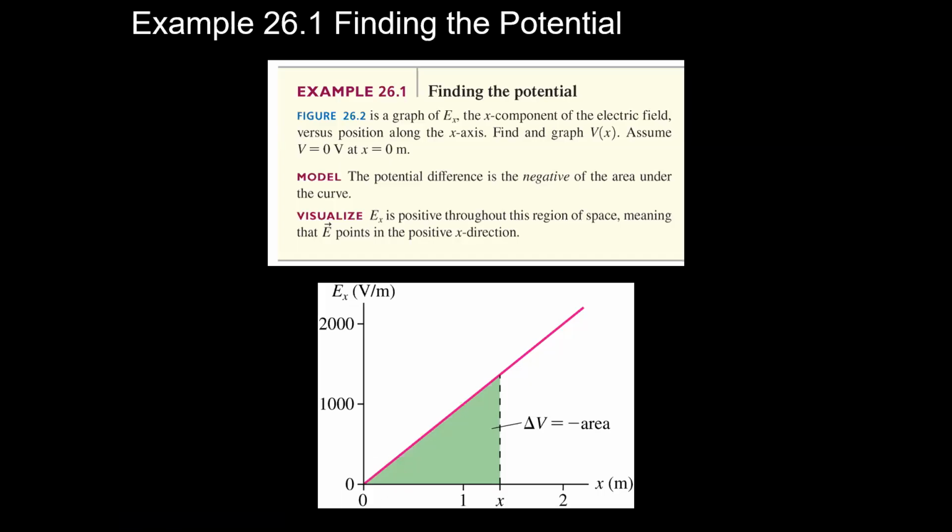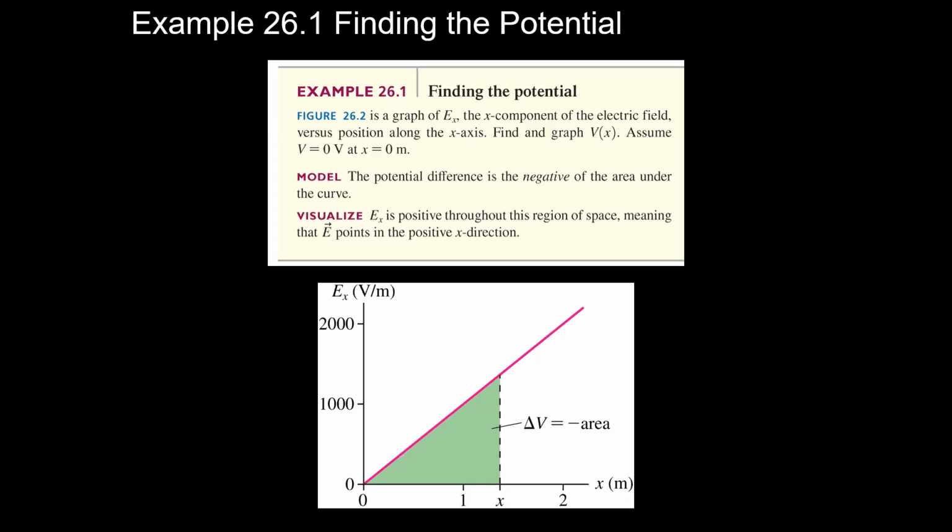The electric field is defined on some coordinate system between 0 and 2 meters, and it increases linearly from 0 to 1,000. So the functional form of the electric field, that is the x component of it, is 1,000x. Right? It goes from 0 to 1,000 linearly.